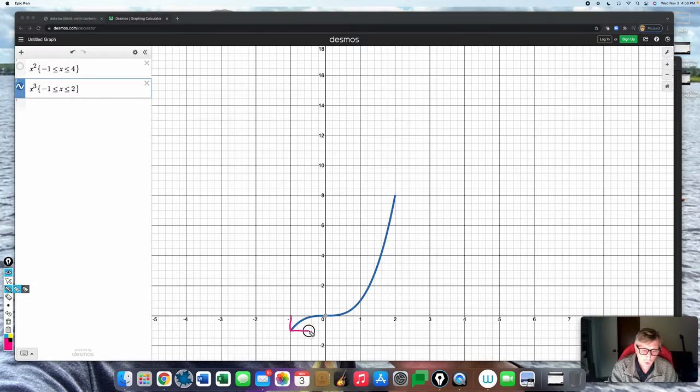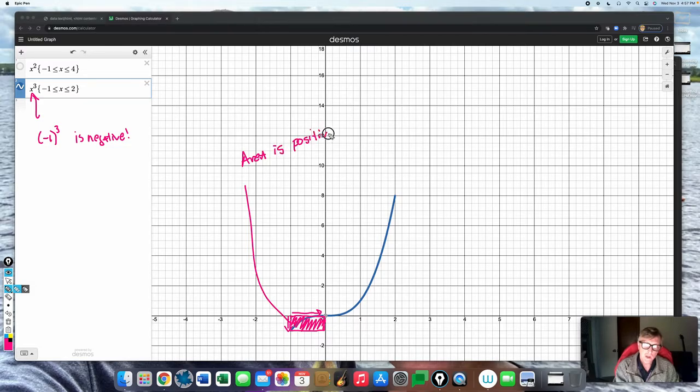It would be below the x-axis, right? And you can see that in this function, if you evaluate that at -1, that is negative, right? So your height of your rectangle is negative and your base length is positive, right? So this area below the x-axis, the actual area of that rectangle is positive, okay?